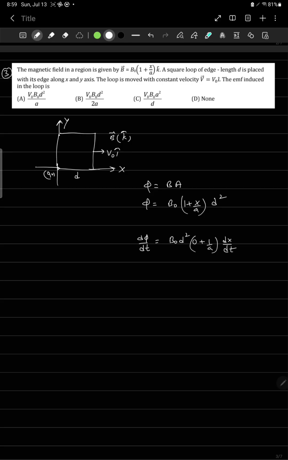That's the differentiation I did here. I hope you understood this one. dh by dt is nothing but velocity, and this is induced EMF. So induced EMF is coming as B naught d square v naught divided by a. That's it. So that is the process to calculate induced EMF whenever there is a magnetic field change within the loop. So according to the options, option A is correct.